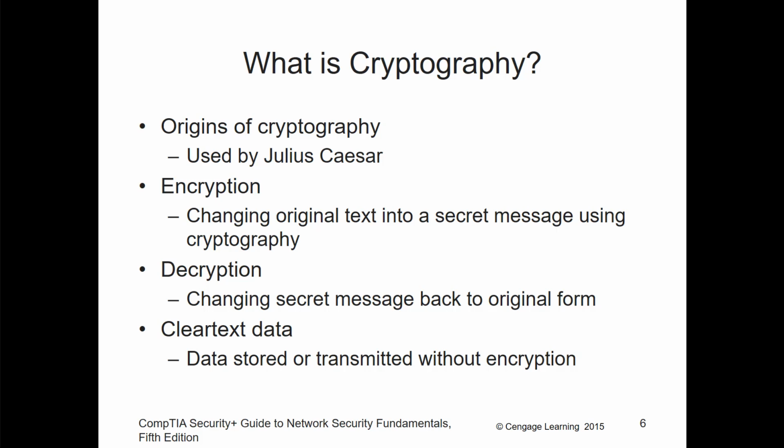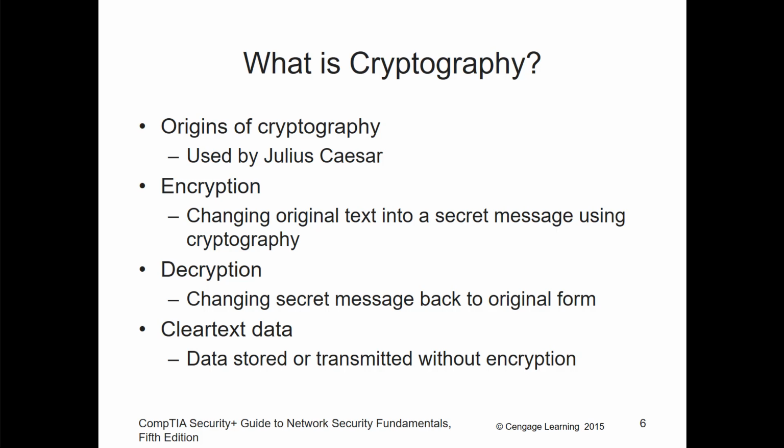The origin of cryptography, it's going back to Julius Caesar, and actually even well before Julius Caesar. But Julius Caesar was one of the first major individuals, Alexander the Great as well, that used cryptography. Part of this deals with encryption, and encryption is the ability to take the original message and transform it into a secret message using a cryptography algorithm.